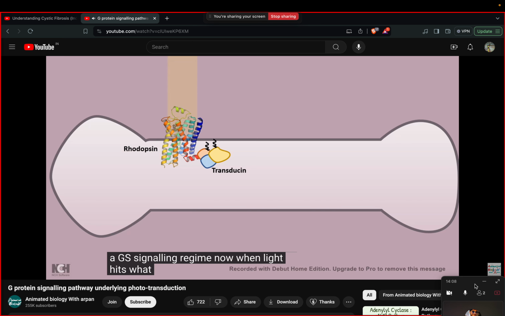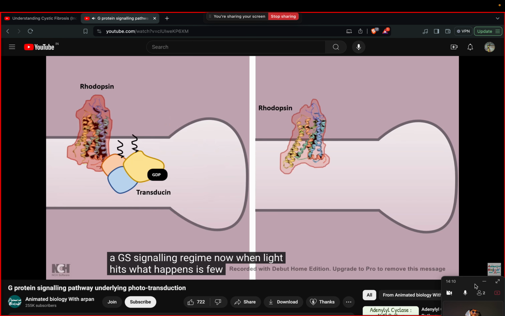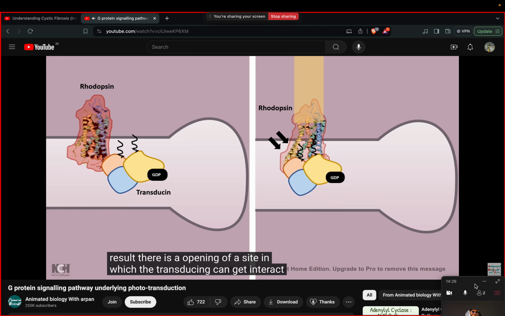Now when light hits, what happens is few things. First of all, after hitting the light, the external helices of rhodopsin gets tilted. As a result, there is a opening of a site in which the transducin can get interaction. And as a result, what happens is in the transducin, there is a hydrolysis of GDP and there is an exchange of GTP.